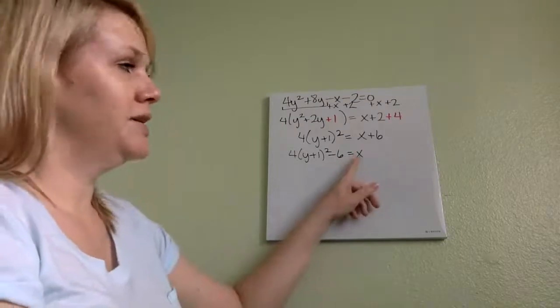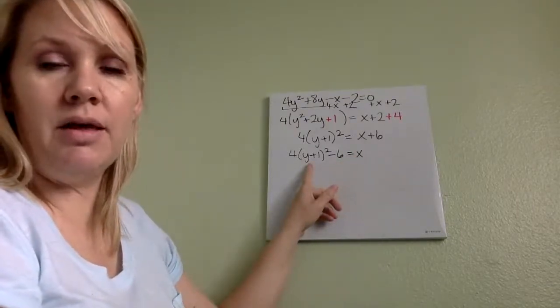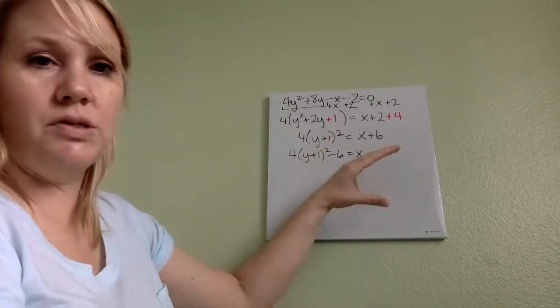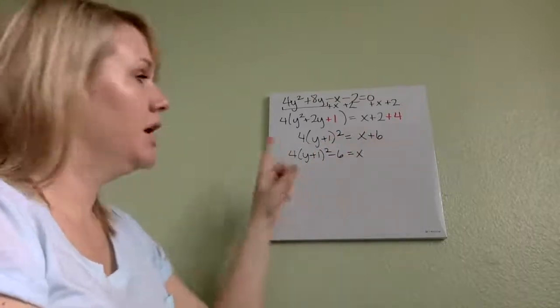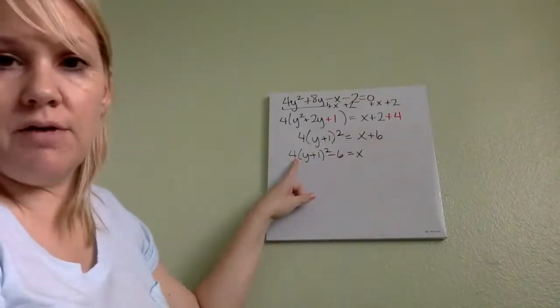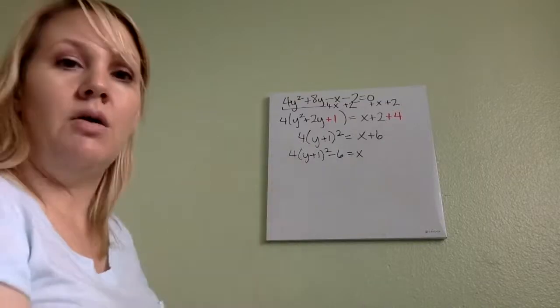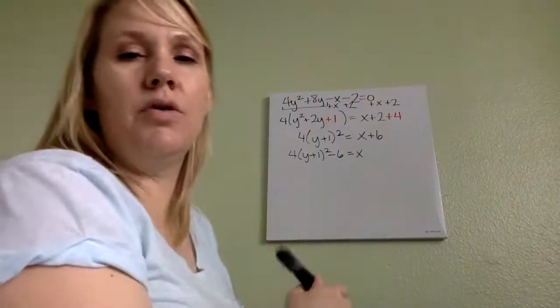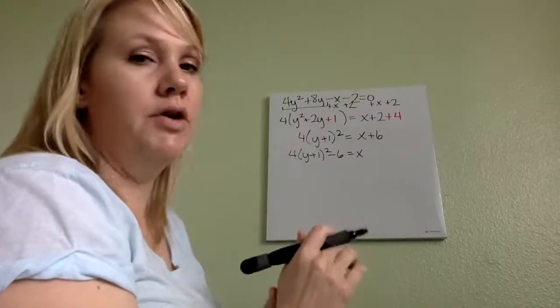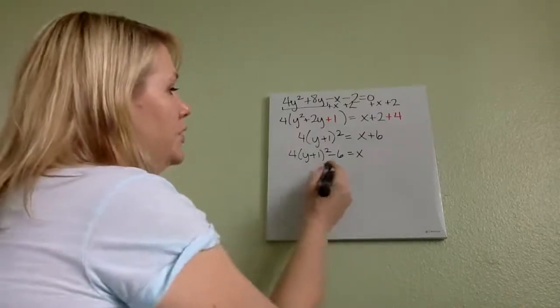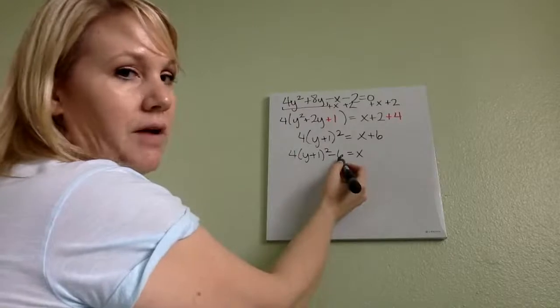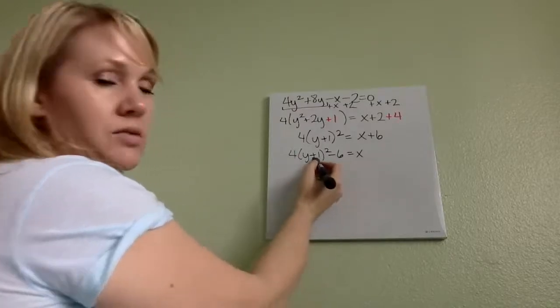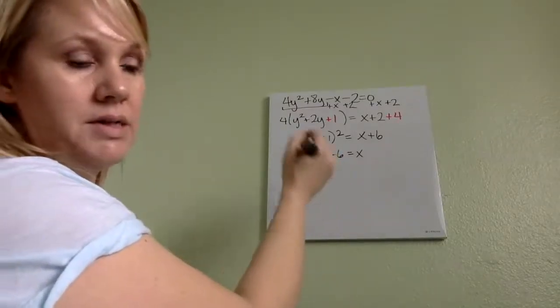I know it's horizontal because it's x equals something with y squared. That means the parabola either opens to the right or opens to the left. And since the 4 in front of our parabola is positive, I know it opens to the right. And so then we identify the focus, the directrix, the vertex, and so on. For the vertex, the 6 is shifting the graph to the right 6, and the plus 1 is shifting the graph down 1.